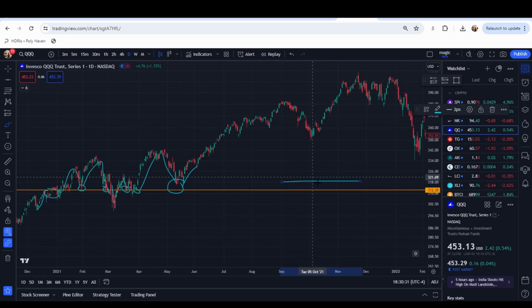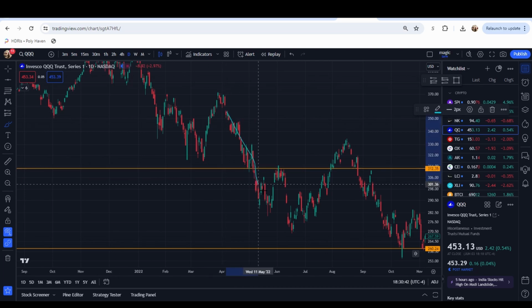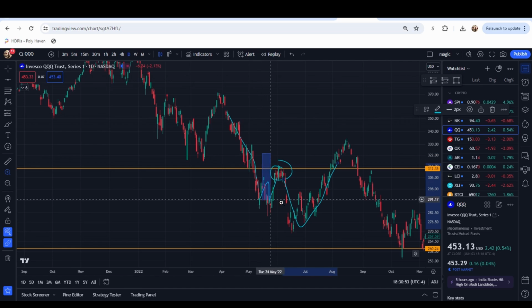And if we scroll over, support becomes resistance. This is support, broke under, resistance. You see, right? 3 or more touches. Even though it's a consolidation, it still touches.